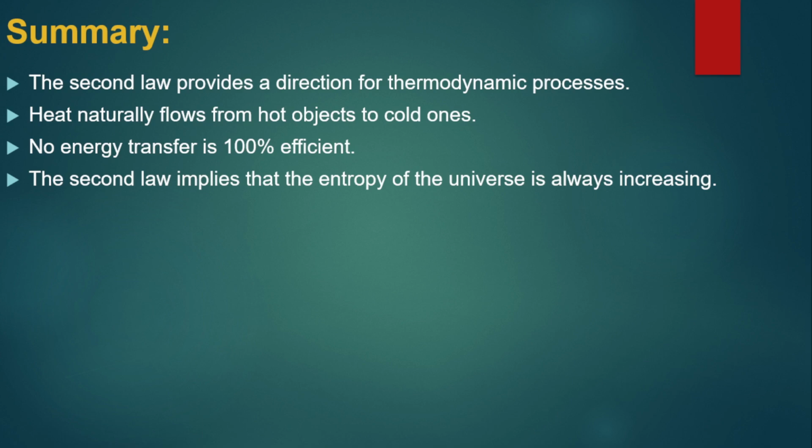You can understand from the previous slide. No energy transfer is 100%. If the energy transfer were 100%, it would not be a real condition. It is impossible. So this can be understood from the Kelvin-Planck statement by the PMM2 concept. The second law implies that the entropy of the universe is always increasing.